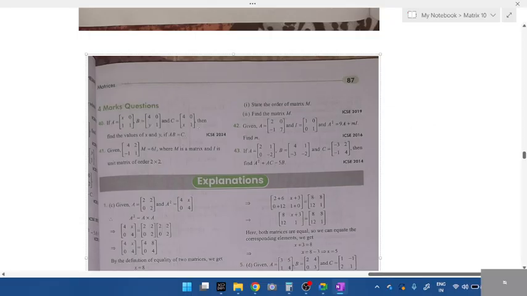Okay, try even the 4 mark question. Look at this. ICSE 2024, they have given a question.